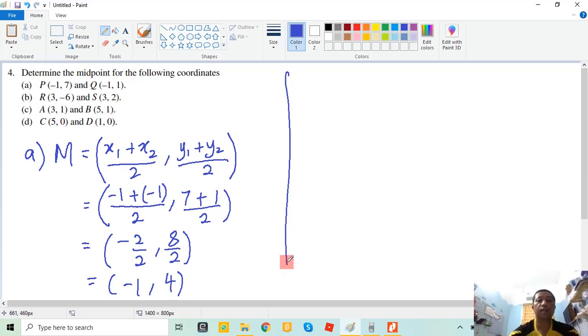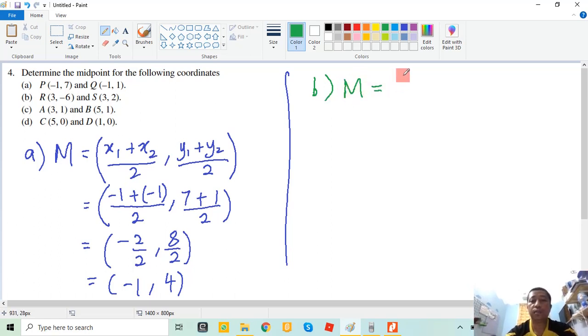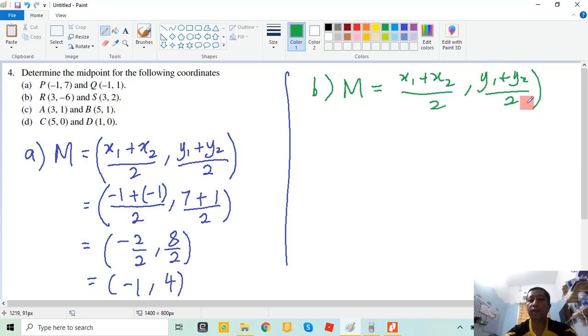Okay. Next, we go to question B. Okay, question B. R and S. So right here, M equals x1 plus x2 divide 2, comma, y1 plus y2 divide 2, and don't forget brackets, compulsory.